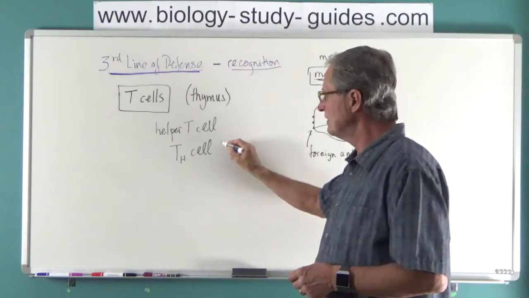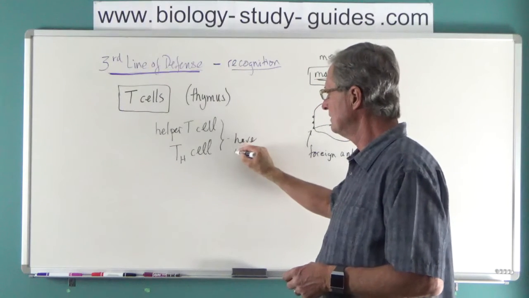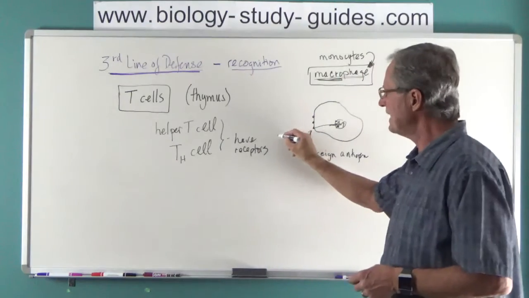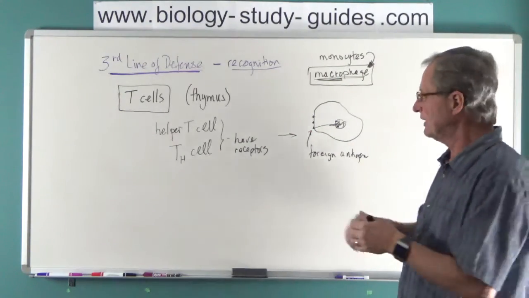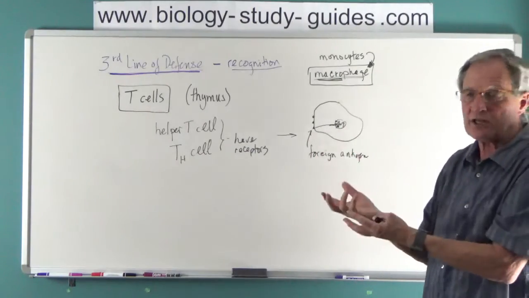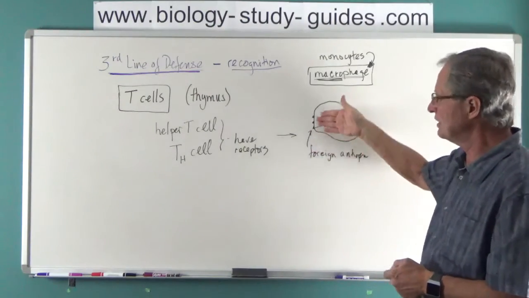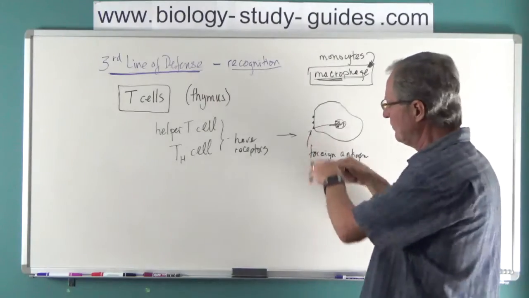And these helper T cells have receptors that identify those. They actually bond onto them and say, wait a minute. The macrophage is called an antigen-presenting cell. It presents the antigen, and the helper T cell says, okay, we've got it here, we recognize it.